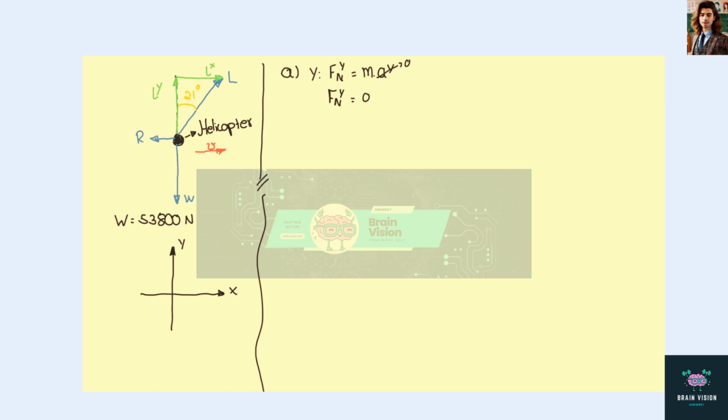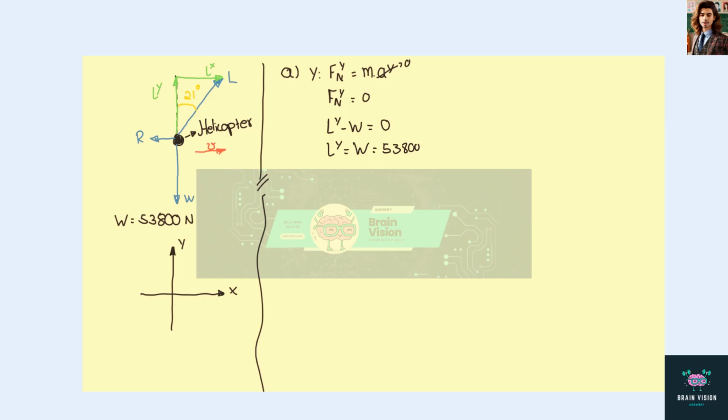Then, Newton's second law tells us that the lift force in the y direction minus the weight force is equal to 0. Therefore, the lift force in the y direction is equal to the weight force, which is equal to 53,800 newtons.